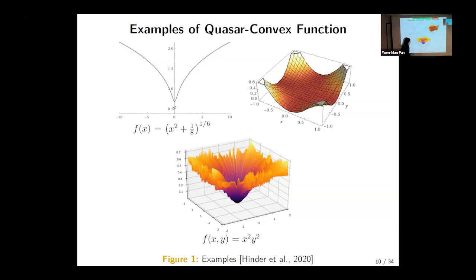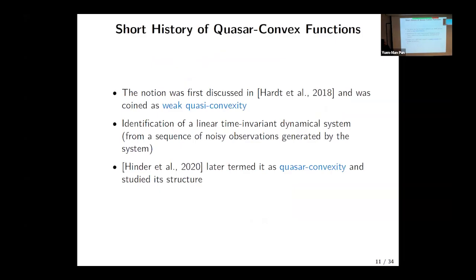And this one is an example proposed by Yuen-Man. The function is very complicated, but we can see that basically the sub-level set is more of a star convex shape instead of a convex one. So it's a relaxed version of convexity.